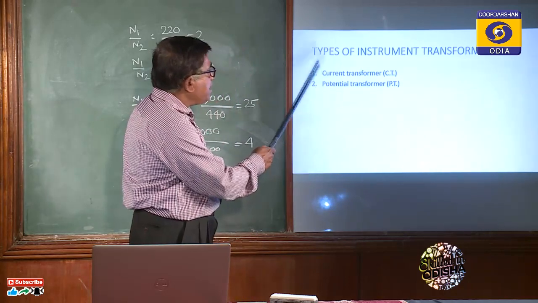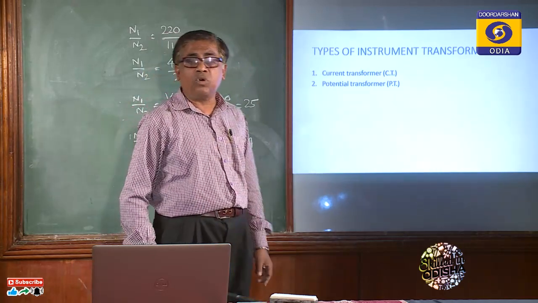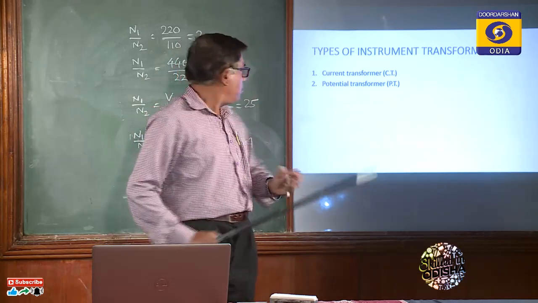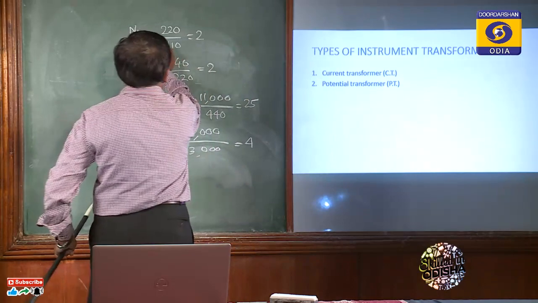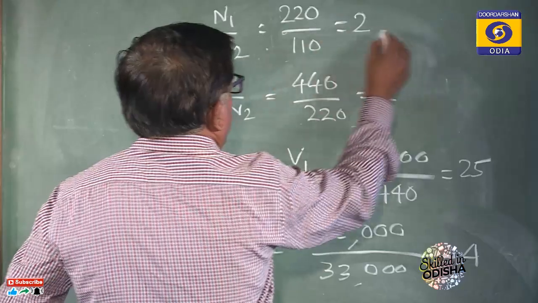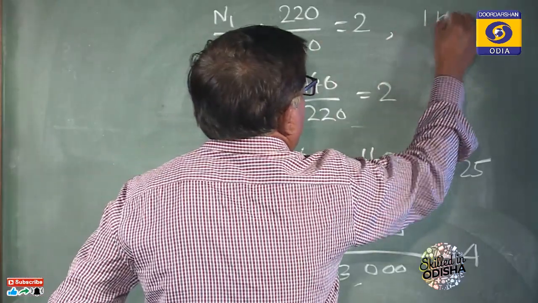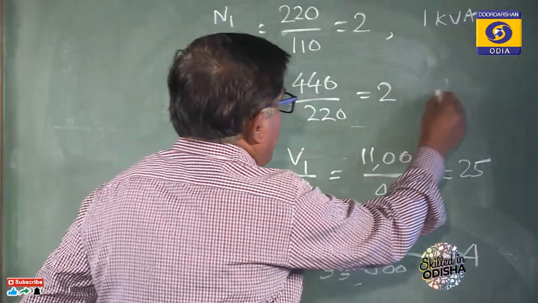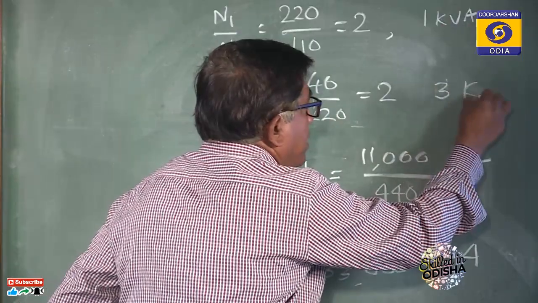Its power rating is very, very less. Current transformer power rating is very low. You see, in your laboratory, its rating is 1 kVA. In your three-phase transformer in the laboratory, power rating is 3 kVA.